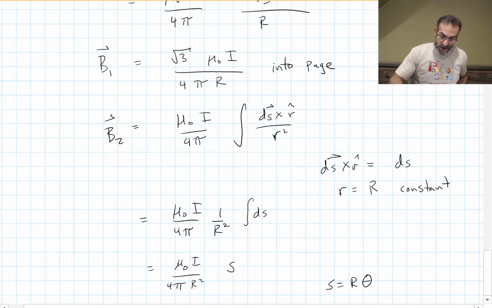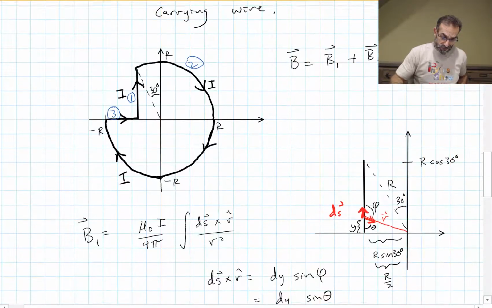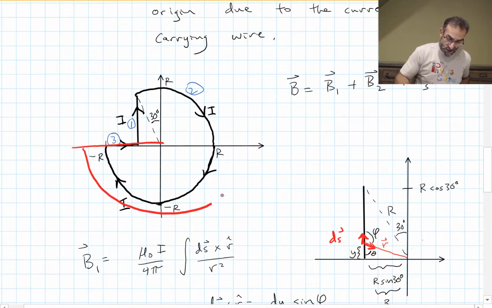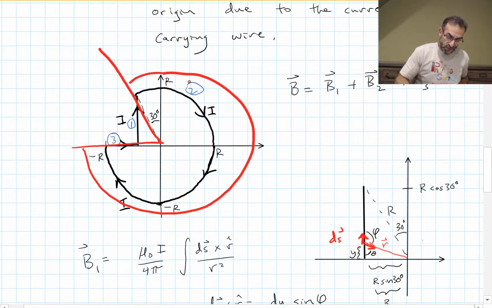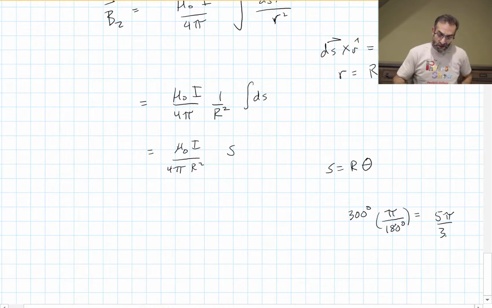And what was theta in this case? 90, that's 270 plus 30, 300 degrees. Of course, we have to convert that to radians.